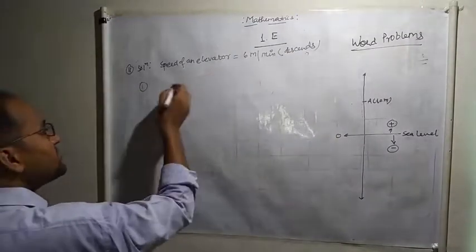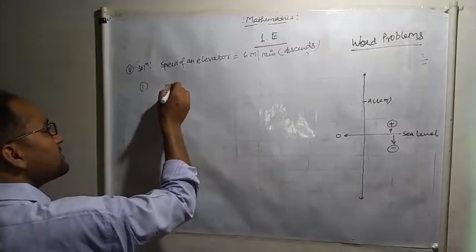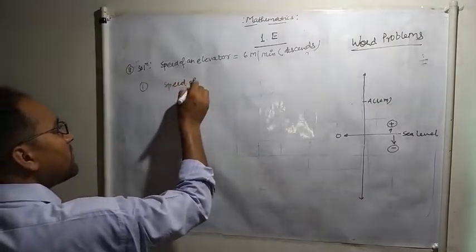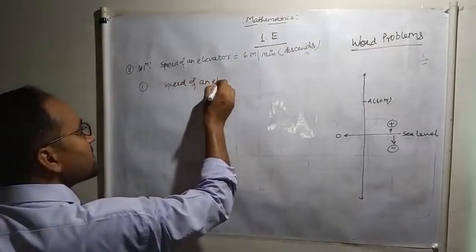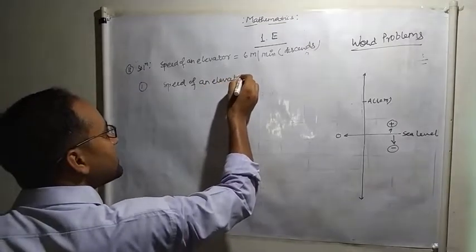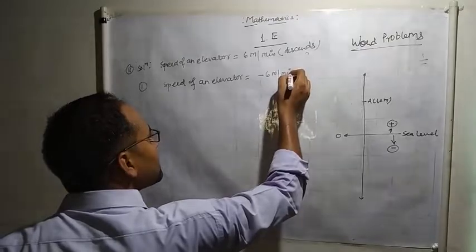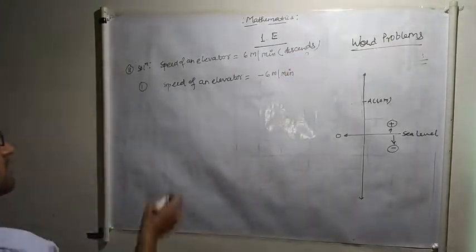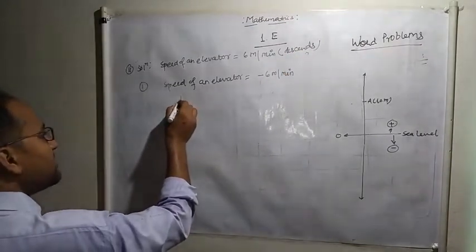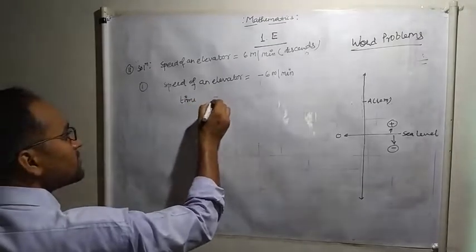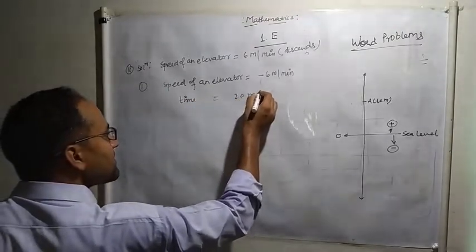So the speed of an elevator is equal to minus 6 meters per minute. I'm not going to write this one. And the time is equal to 20 minutes.